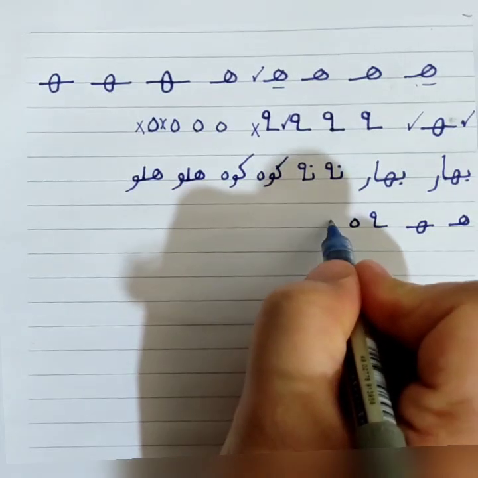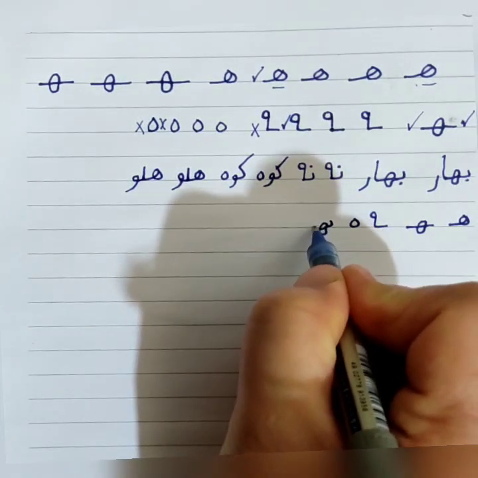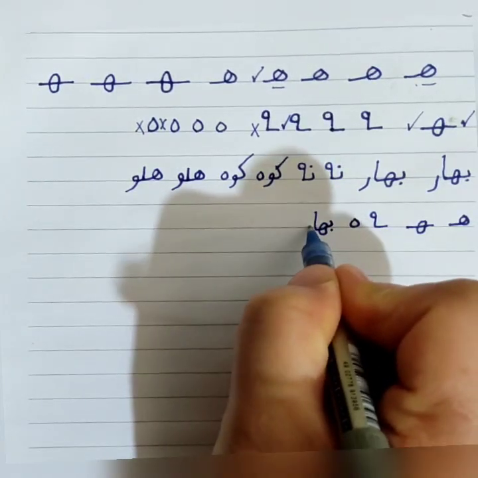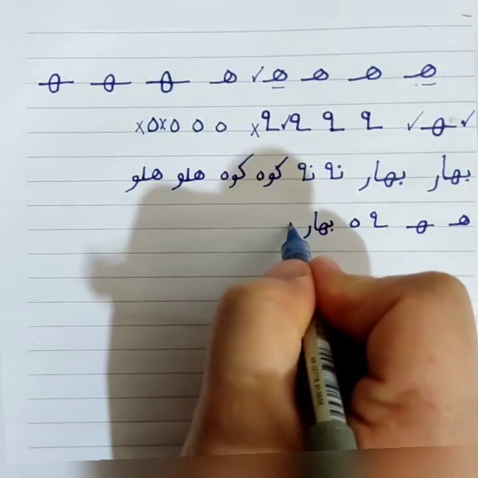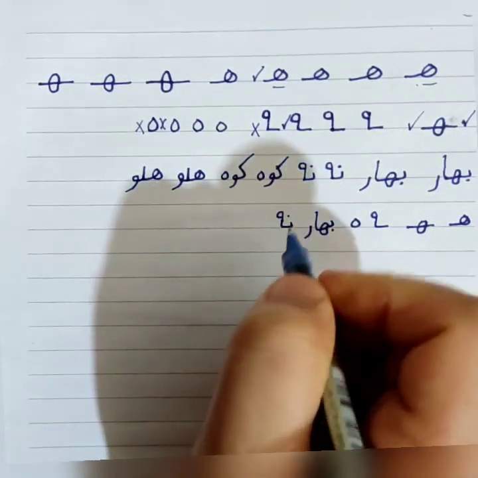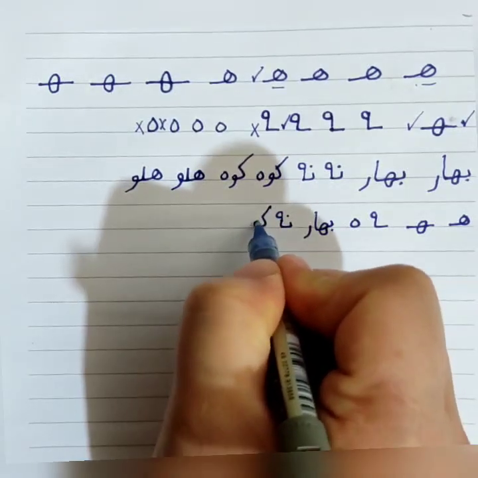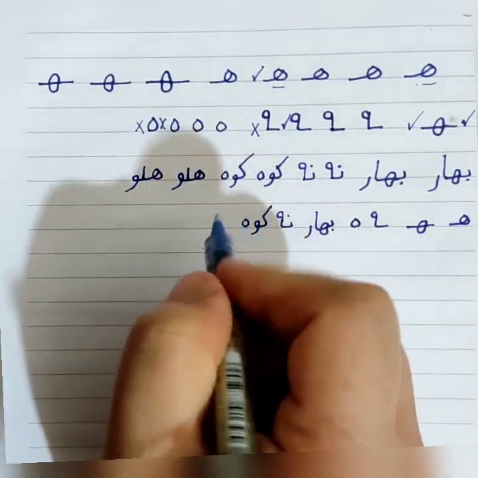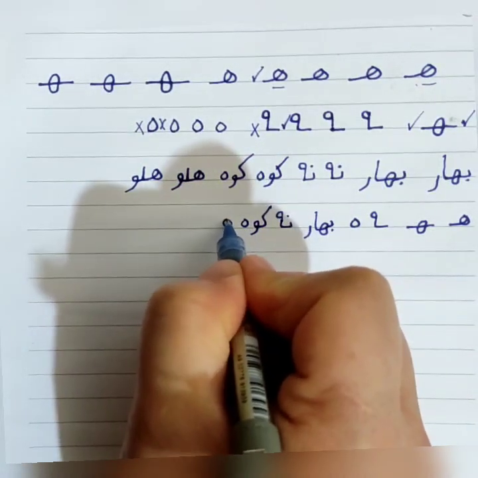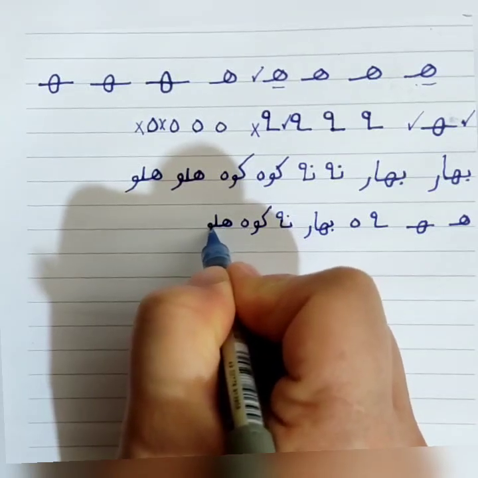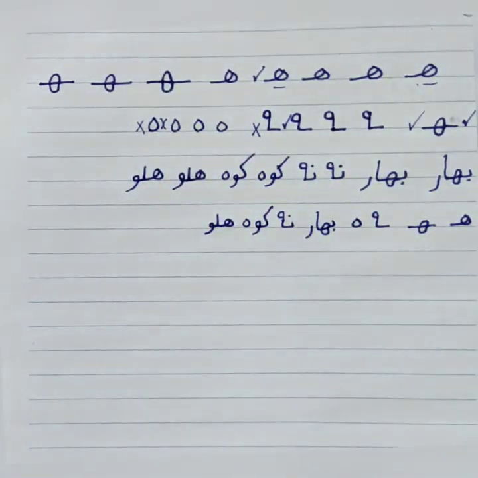We learned to write bahar, which means spring, na, which means no, kuh, which means mountain, and hulu, which means peach. That's it.